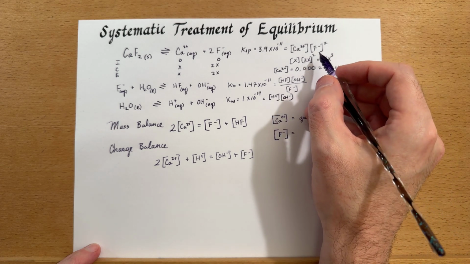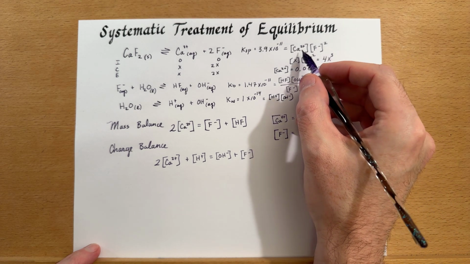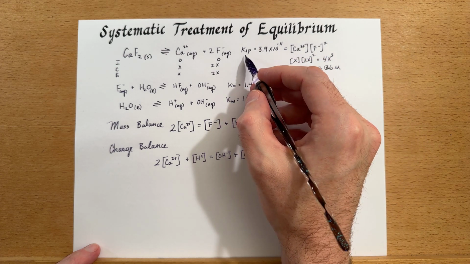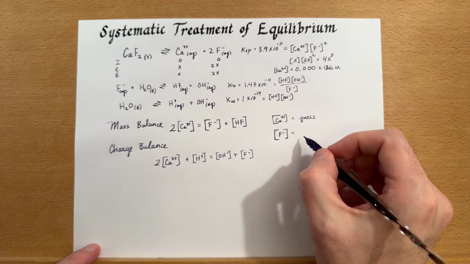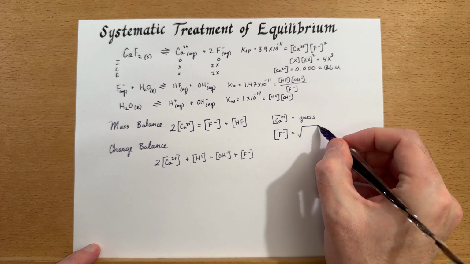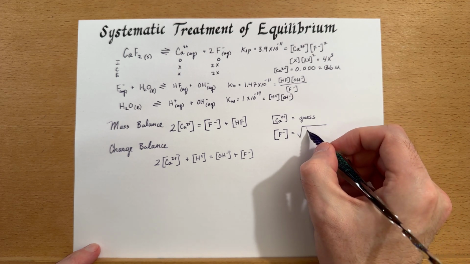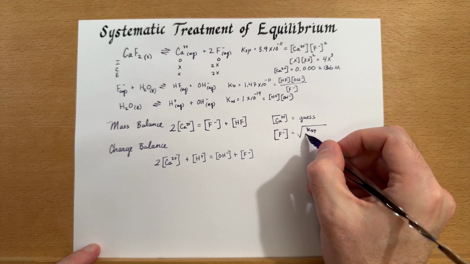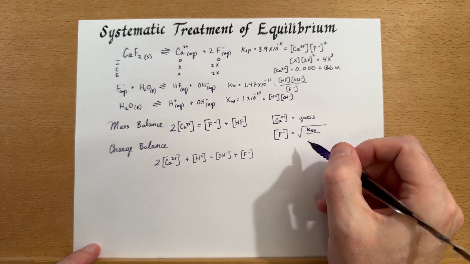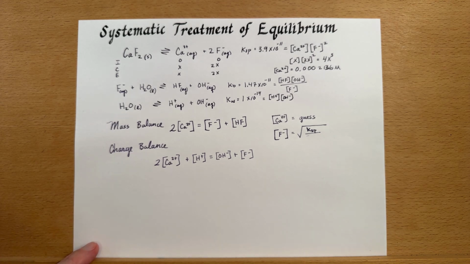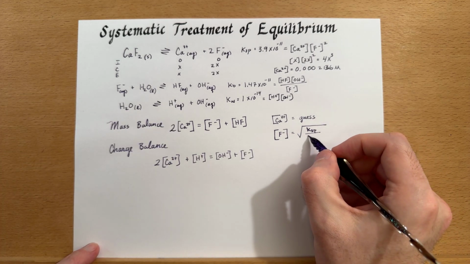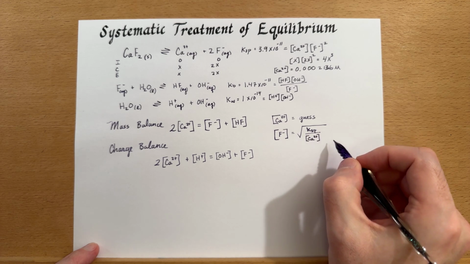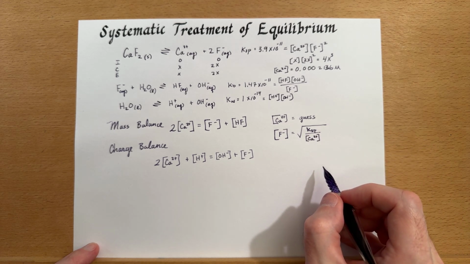And so let's solve for fluoride using KSP. Well, I would take calcium, I divide it over on this side, and then I'd need to take the square root. So, square root of KSP divided by my calcium concentration.